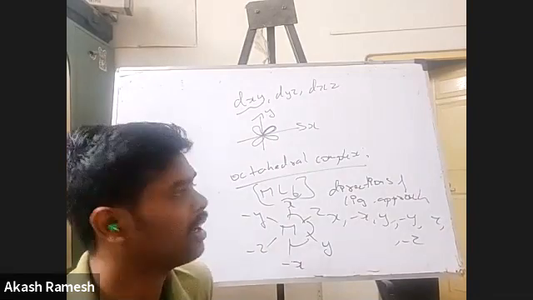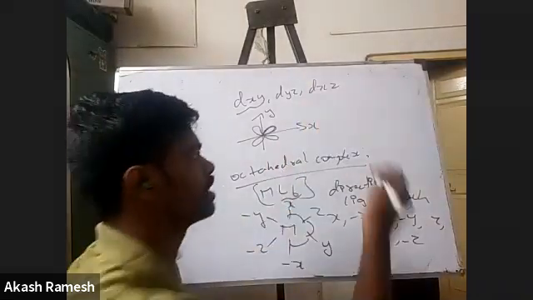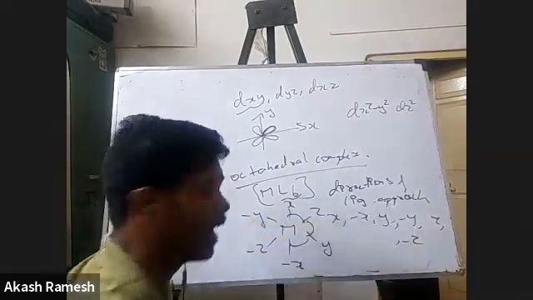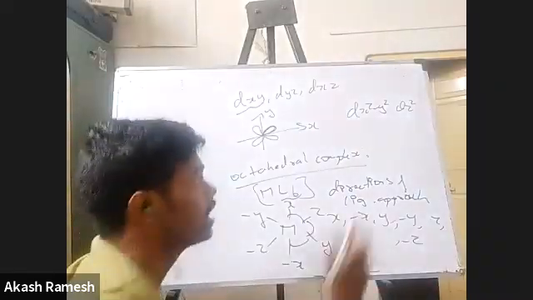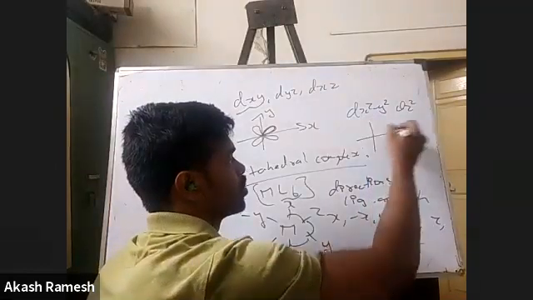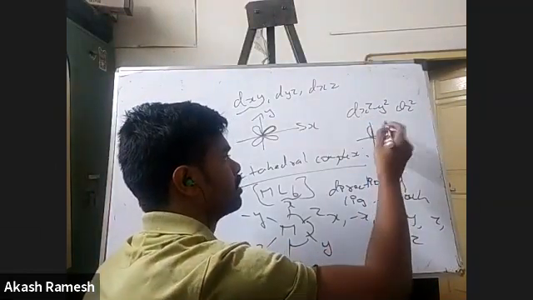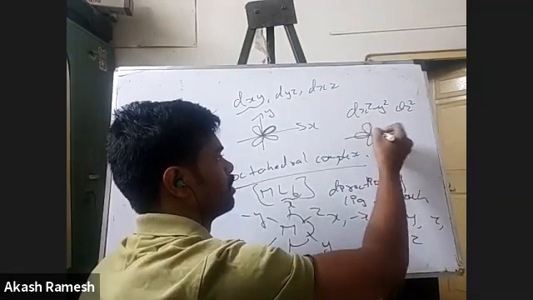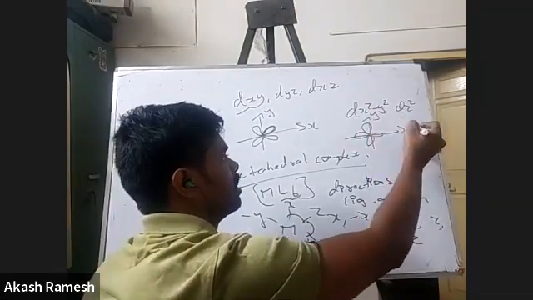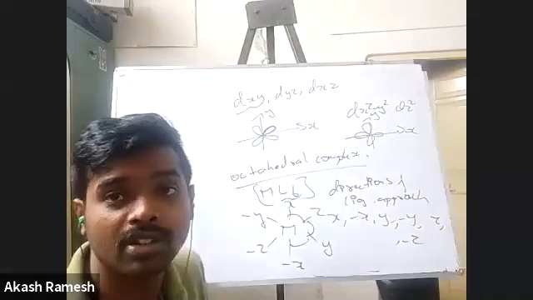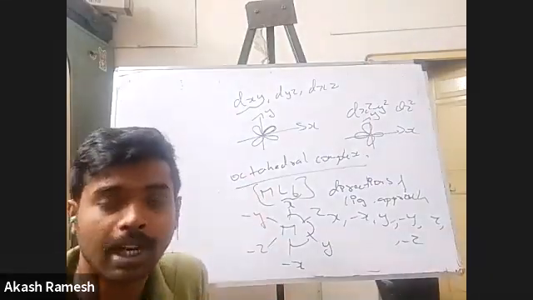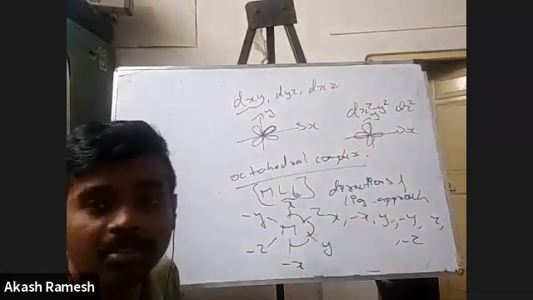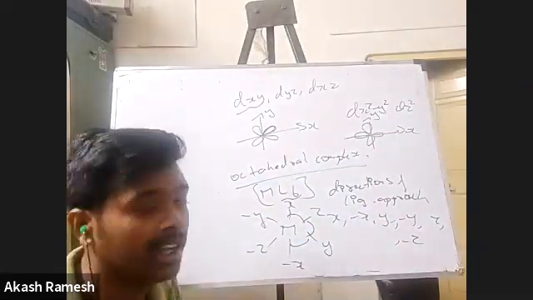Okay, fine. Now, if I take the other two, dx squared minus y squared and dz squared, what does it say? If I write dx squared minus y squared, this is my y direction, this is my x direction. Now what do you see? 4 lobes are pointing along the x and y axes.